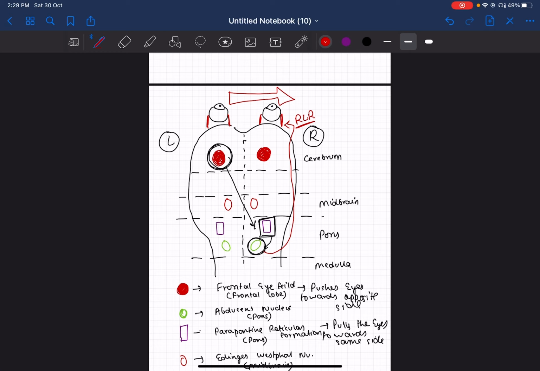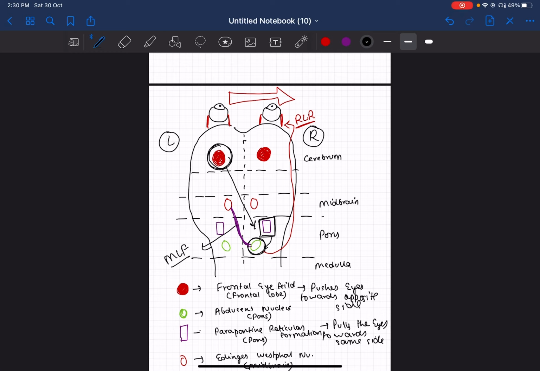Also, the right abducens nucleus is connected to the left Edinger-Westphal nucleus by a tract. This tract is known as the medial longitudinal fasciculus.